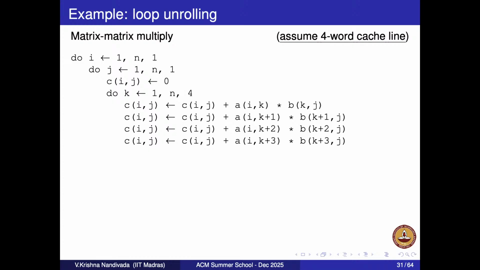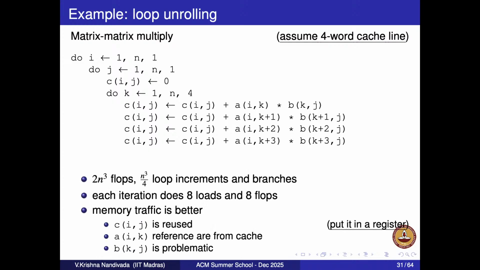For B, I am doing bk plus 1, k plus 2. So they are not aligned. This is cache aligned. This is not. Correct? So flops haven't changed. Loop increments and loop branches have changed.